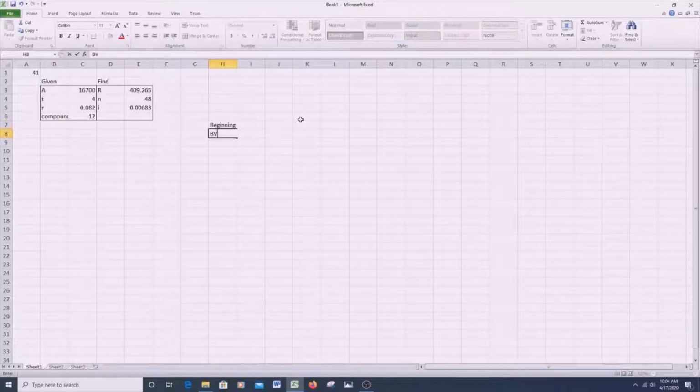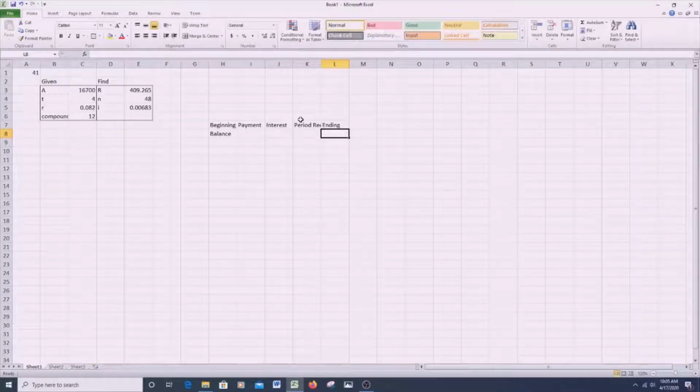Okay, so the strict things we need for the amortization table are beginning balance, payment, interest, period reduction, and ending balance. These are the headings you need for the typical amortization table.